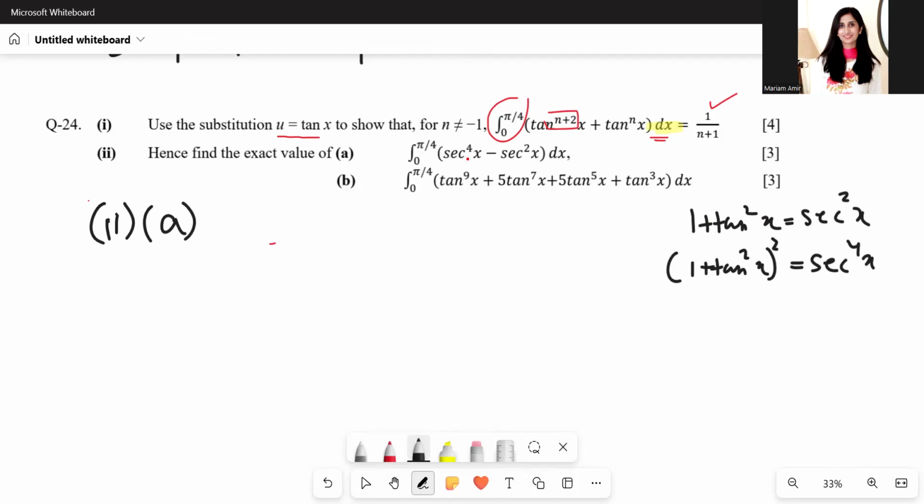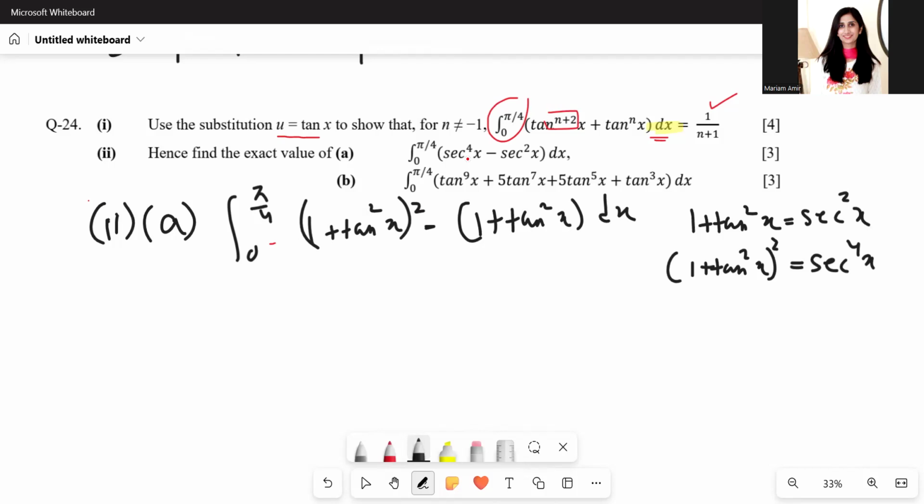So we get the integral from 0 to pi by 4 of 1 plus tan square x whole squared minus bracket 1 plus tan square x, dx. Let's simplify this.